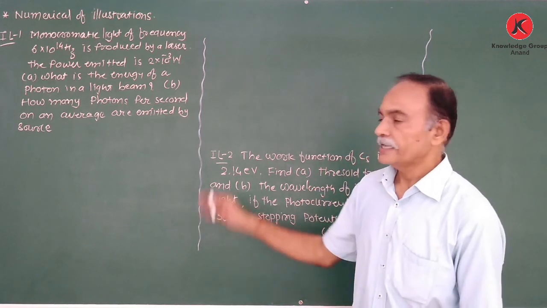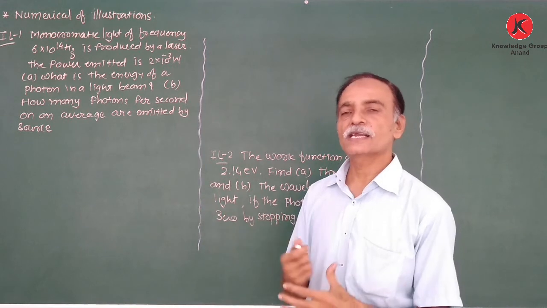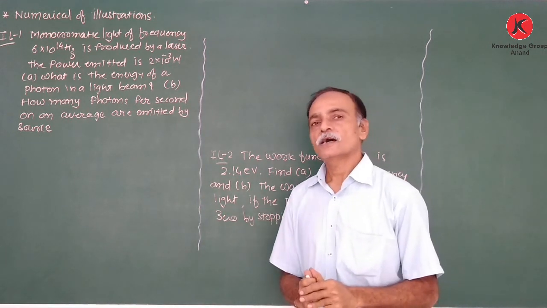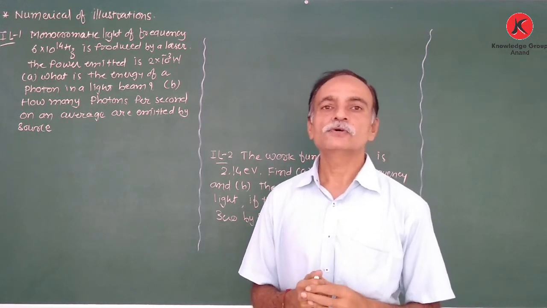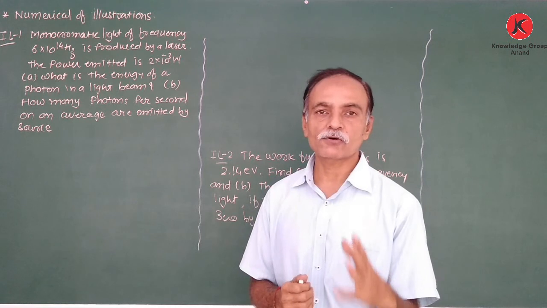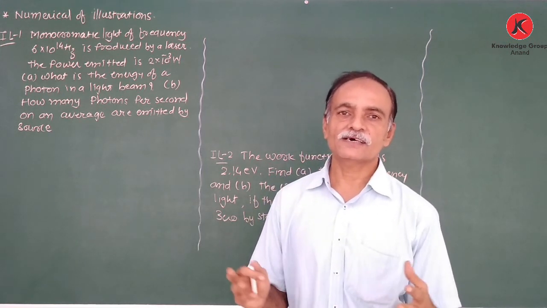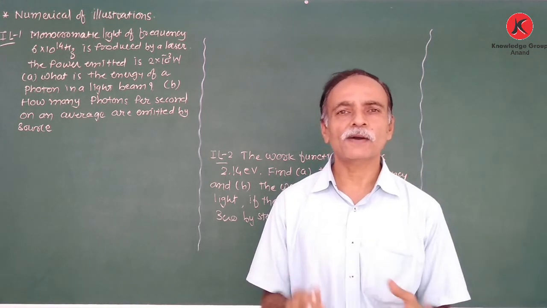Okay, now we are discussing some numericals for illustration. The first numerical is given because we already discussed Einstein's explanation, de Broglie's wavelength, and the characteristics of the photon. So the equations in this chapter are very few, only 4-5 equations.